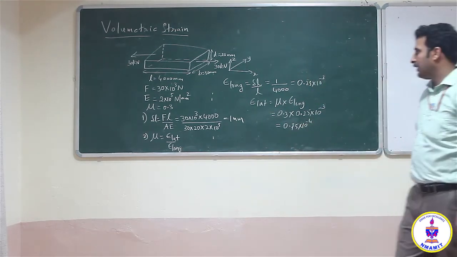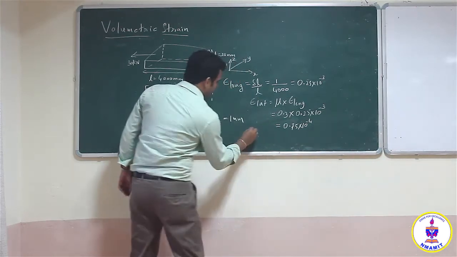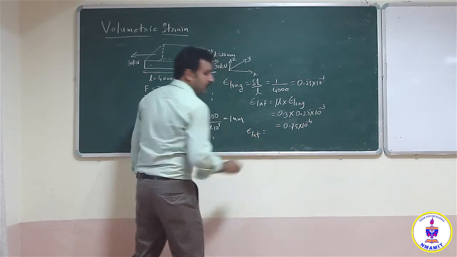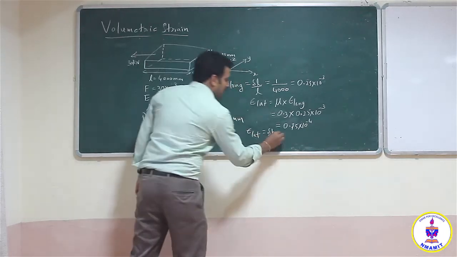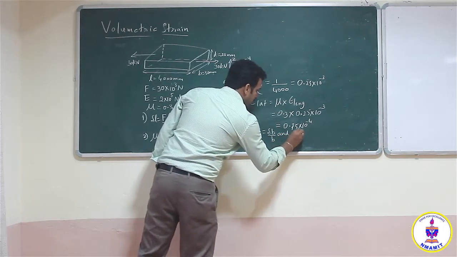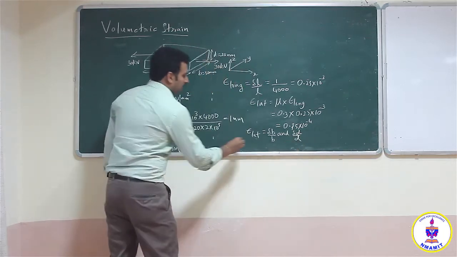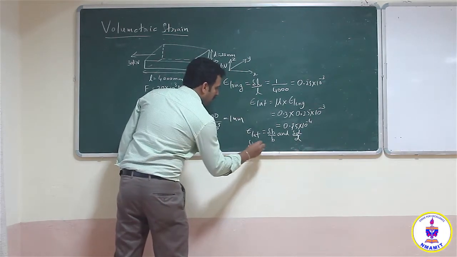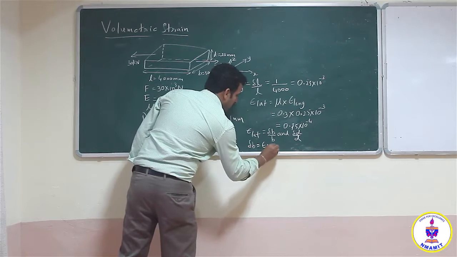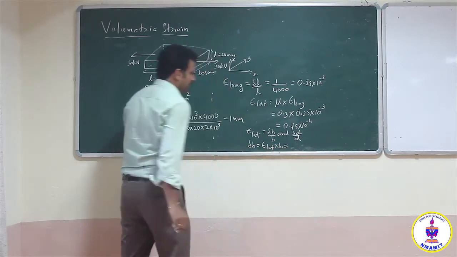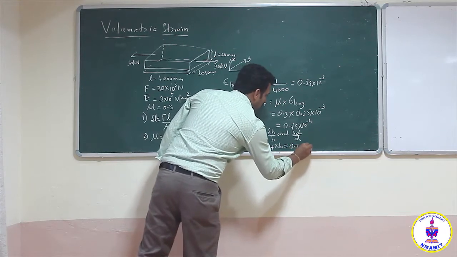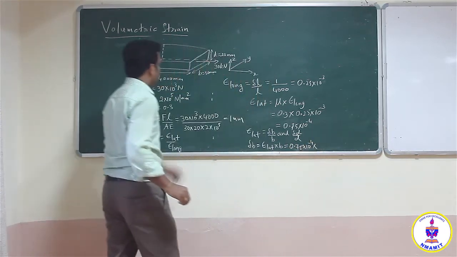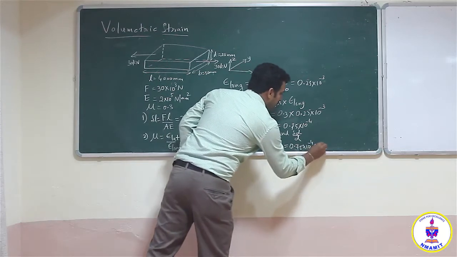In this problem, lateral strain equals either change in width by original width or change in depth by original depth. So change in width equals lateral strain into original width, which is 0.75 into 10 to the power of minus 4 into 30 mm.